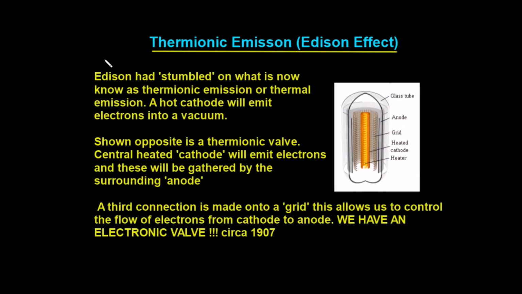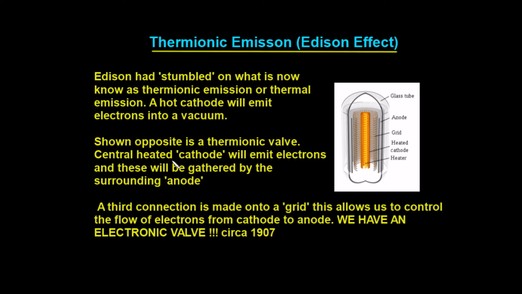So with the invention of this bulb with the extra electrode, Edison had stumbled on what is now known as thermionic emission or thermal emission. A hot cathode, that's the central part here, in effect is the filament of the light bulb, will emit electrons into the vacuum of this glass tube. So opposite here is the thermionic valve.